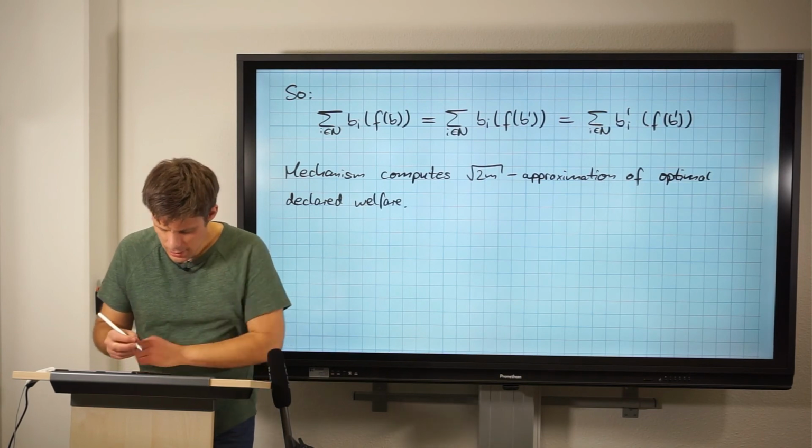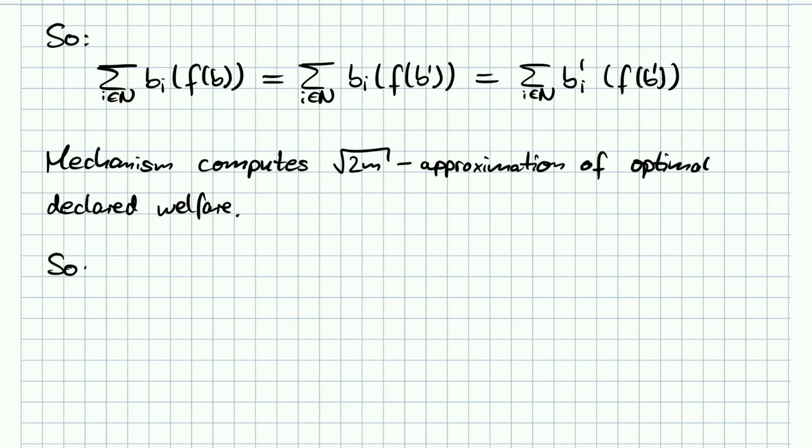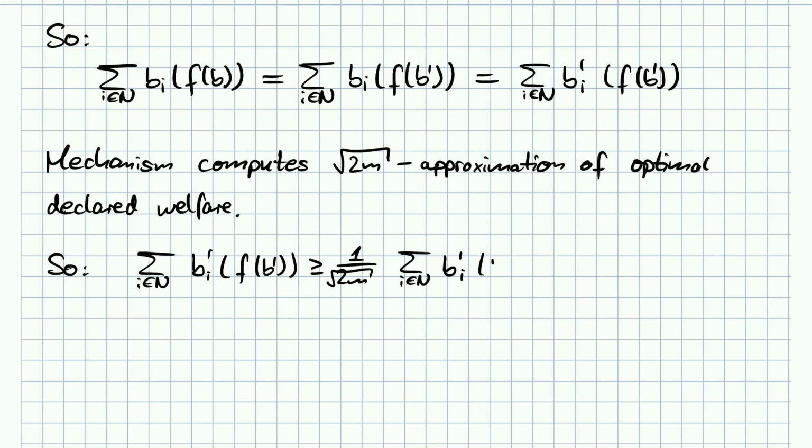This means that the declared welfare that we're getting will be at least a 1 over square root 2m fraction of the declared welfare on any other allocation, so in particular this x star allocation that we wanted to talk about.